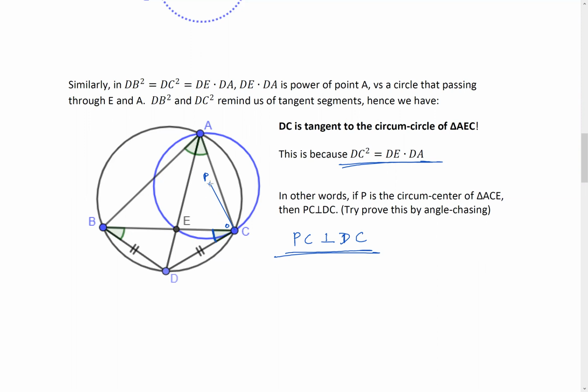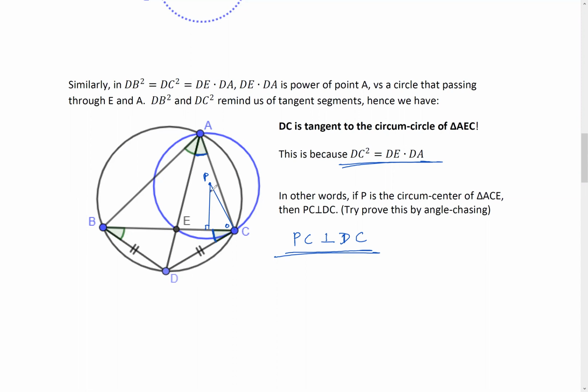If I draw a perpendicular here, I'm trying to figure out what's the value of the angle PCE. So if I draw a vertical here, I see that this angle is the same as this.